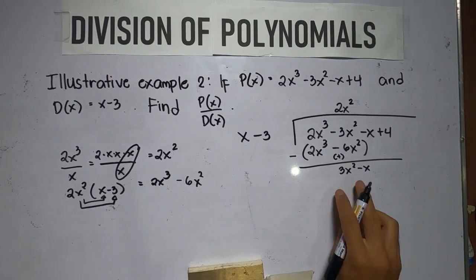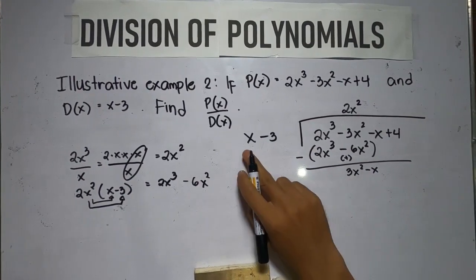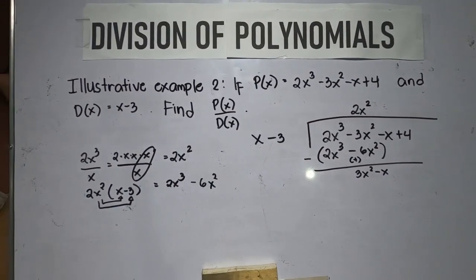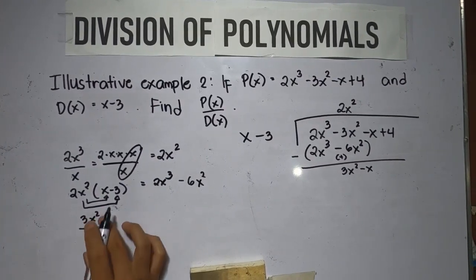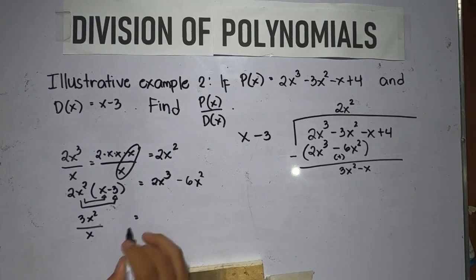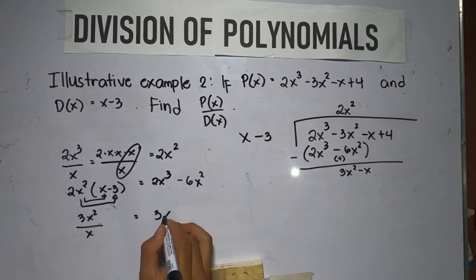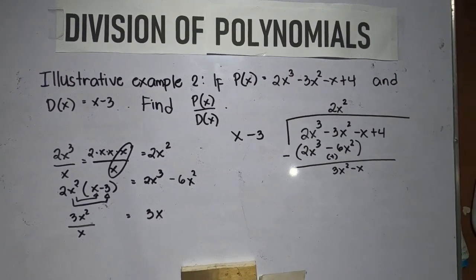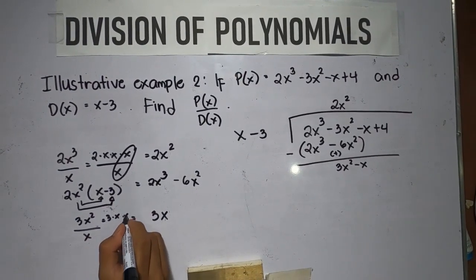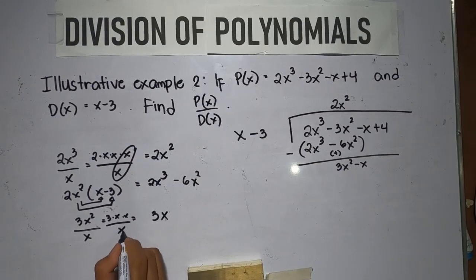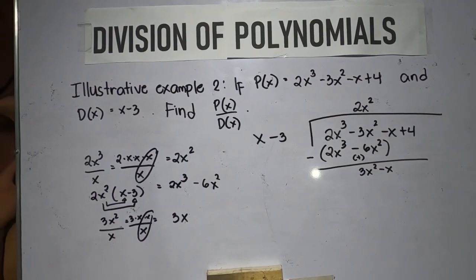Then repeat. 3x squared divided by x, by laws of exponents, the answer is just 3x. 3x squared can be written as 3 times x times x divided by x, cancel one pair of x.